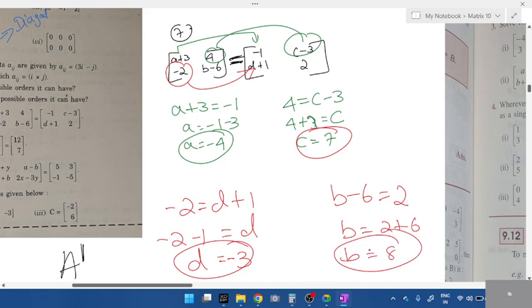These are the answers: minus 4, 7, minus 3 and 8. Next question.